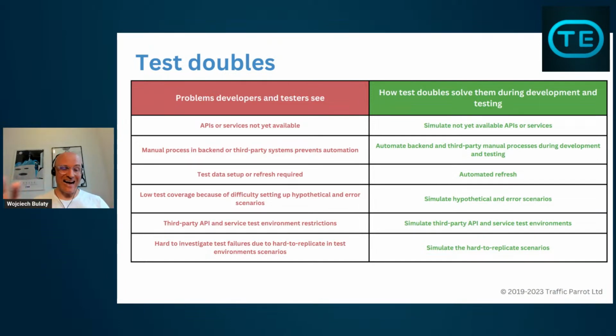Test doubles come in handy here because you can configure each of those dependencies' test doubles to replicate that hard-to-replicate scenario quite easily, because you're just working with requests and responses instead of the state of the whole mainframe or the whole third-party system.